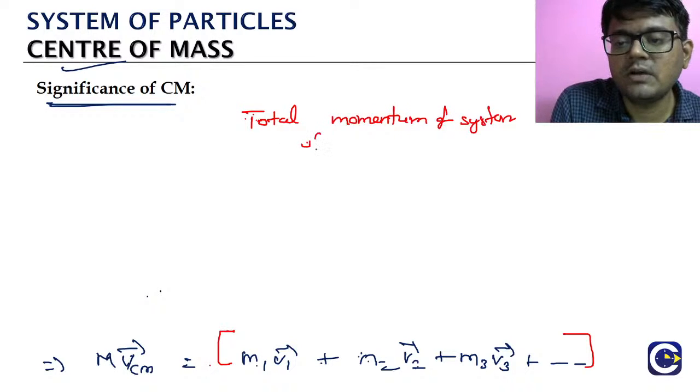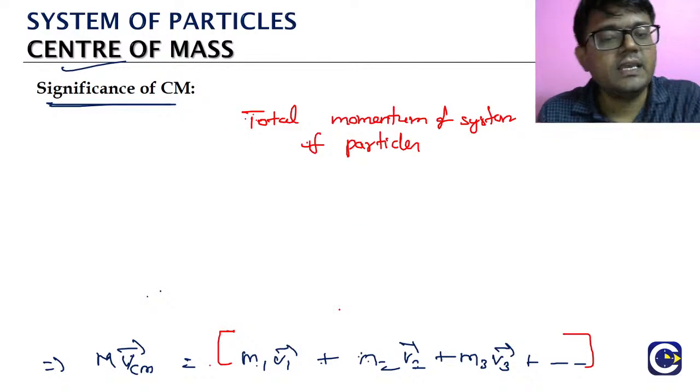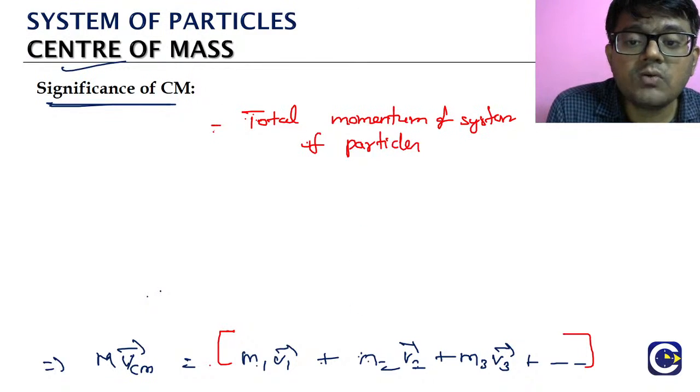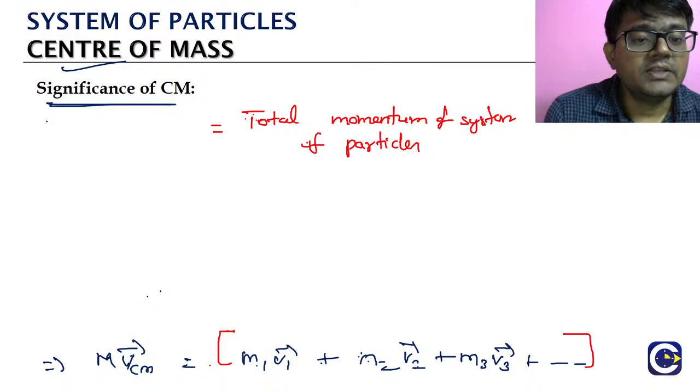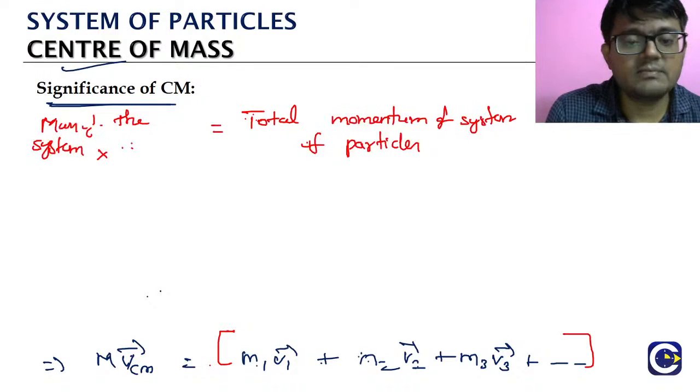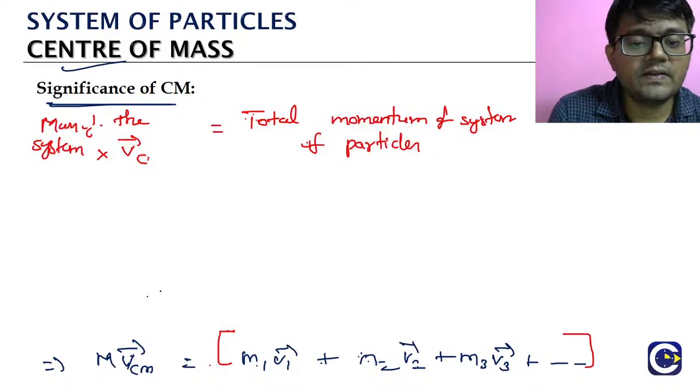What is it? The total momentum of the system of particles. That is m1 v1 plus m2 v2, so the total momentum of the system of particles will be equal to what? The mass of the system multiplied by the velocity of the center of mass.